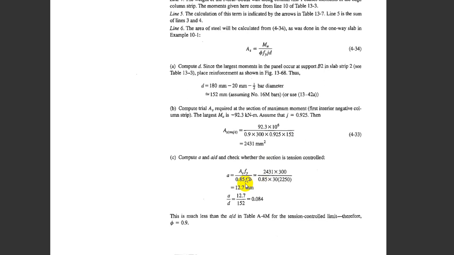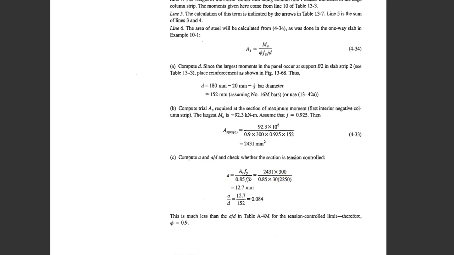Okay, now this is the depth of the concrete compressive block here, and this is the Whitney coefficient. And this is the width. Width is the only thing that is different from beam design in this chapter.